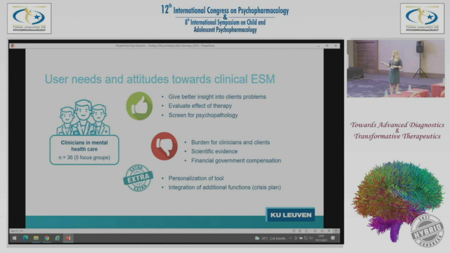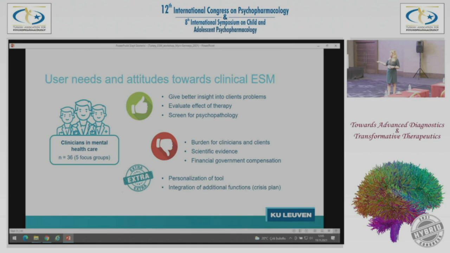Also, clinicians said what would be helpful for them is to make this more personalized, more adjusted to each individual. For some patients, some symptoms are more relevant than others, some social contexts are more prevalent, etc. So they said it would be nice if we could personalize it.